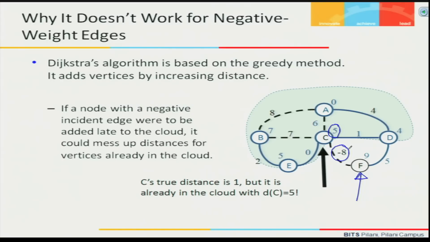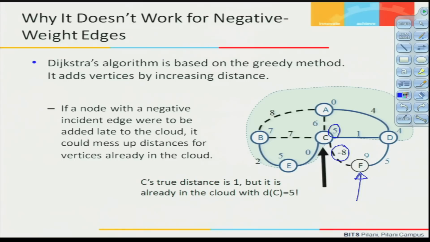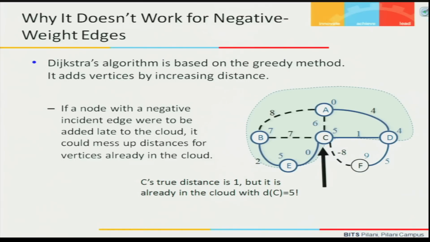We cannot update the estimate for C. C being in the cloud would mean we already know the length of the shortest distance between A and C. So, we see that Dijkstra's algorithm does not work when you have negative weight edges.